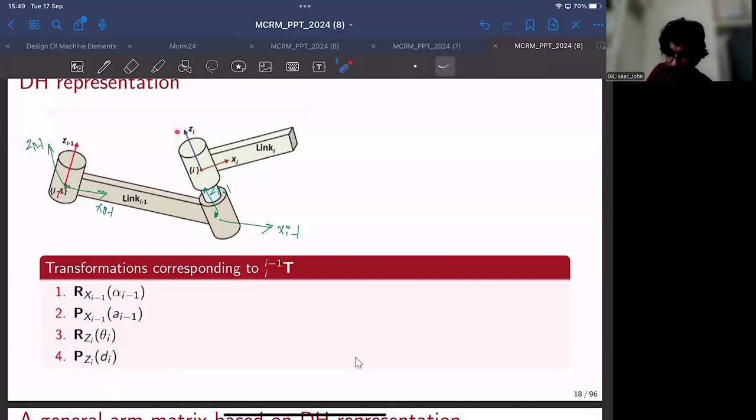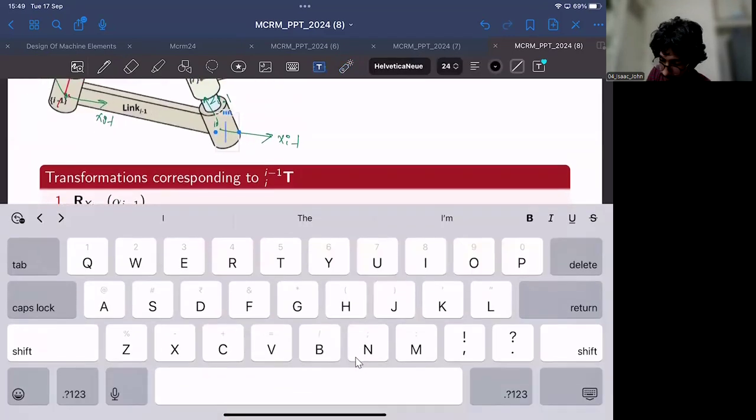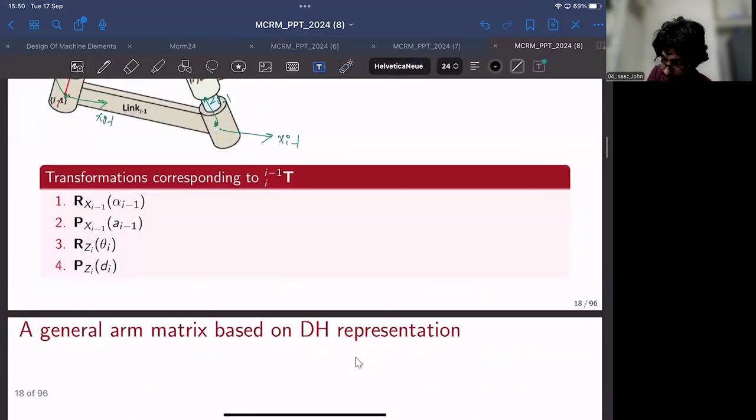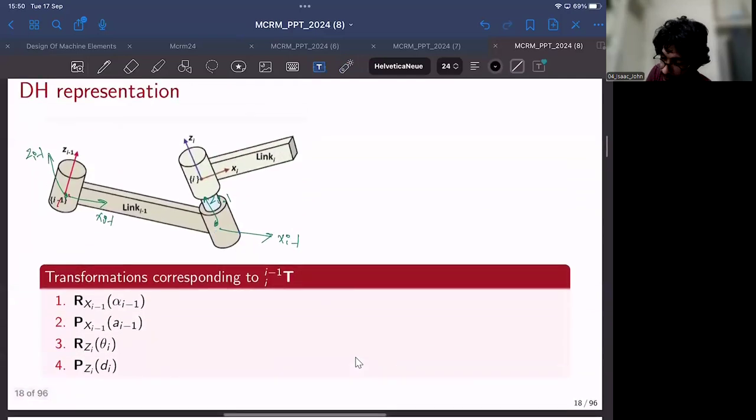If you rotate with respect to the Xi axis by an amount theta i, Xi and Xi minus 1 become parallel. So I'll redraw it like this. Sorry. So after that, Xi minus 1 would look something like this instead of this earlier case.